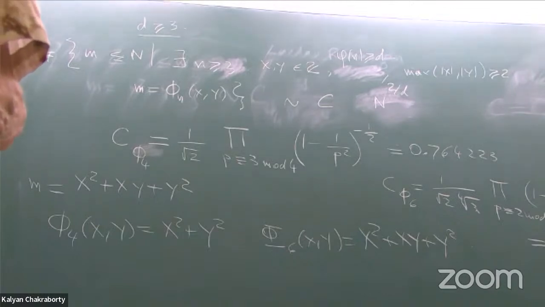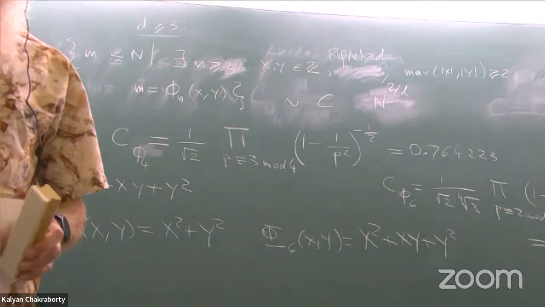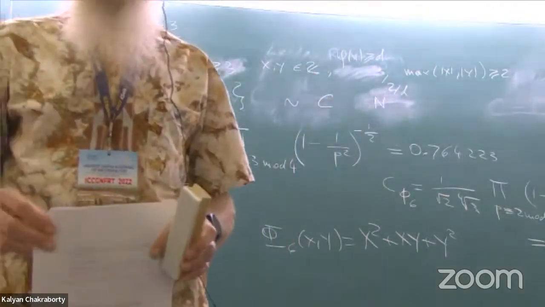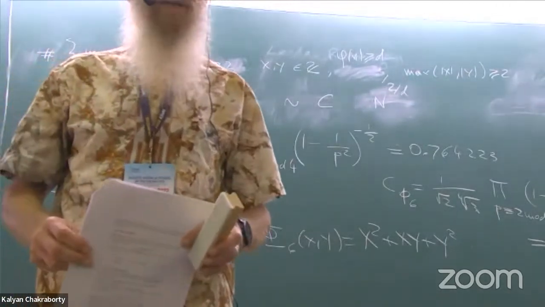The difference between forms of degree 2 and forms of degree at least 3 is that the quadratic forms, degree 2, have a lot of automorphisms, and the forms of higher degree, at least 3, have a group of automorphisms which is finite.